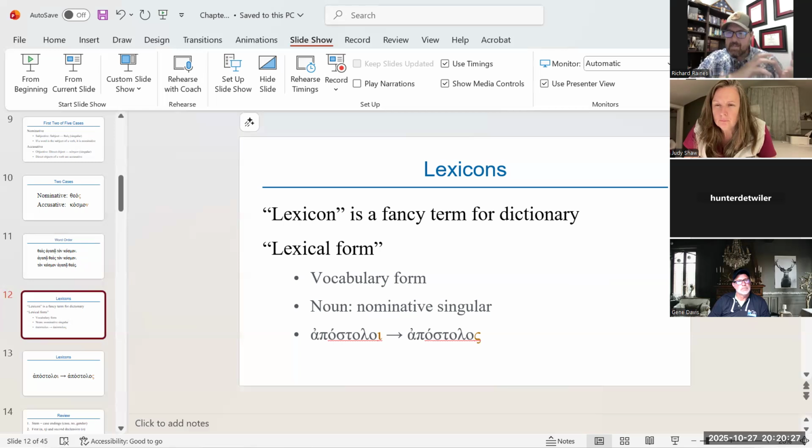As you learn your case endings, you learn that when you put an iota on the end of apostolo instead of apostolos, you're going to recognize that omicron iota immediately as plural, but you're going to need to tell me the lexical form because these words are going to get more complicated over time. You're going to have suffixes and prefixes, and it especially gets complicated when we get to the verbs. Not as complicated for nouns. That's why we're starting with nouns.